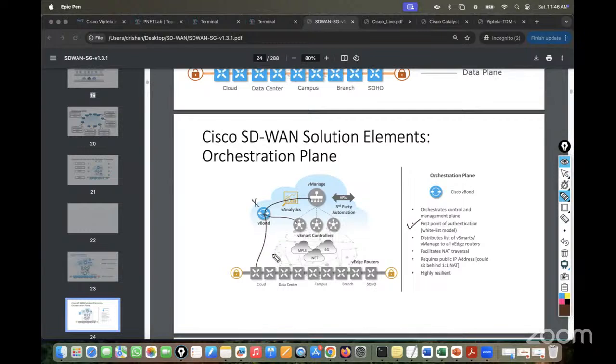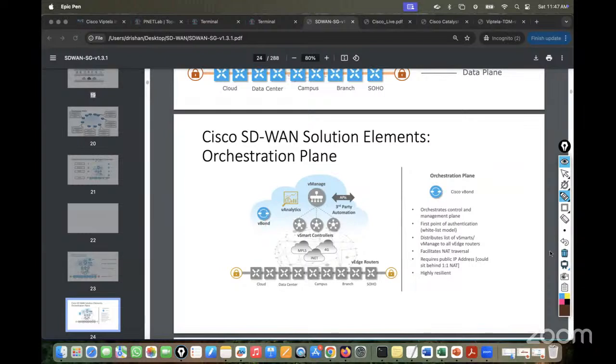That's my vBond. Also, when a device joins the fabric, information like which device joined and the list of device information is going to be distributed, the list of the vSmart and vManage, whatever is available in your fabric, to all vEdge routers. Once any device joins, it needs to know who is my manager, who is my routing provider, that is the vSmart, and what other routers are in the fabric. So all that information is also shared with all those devices.